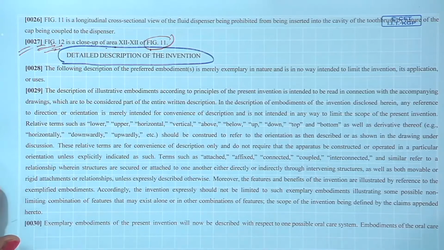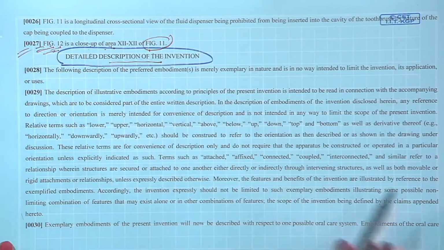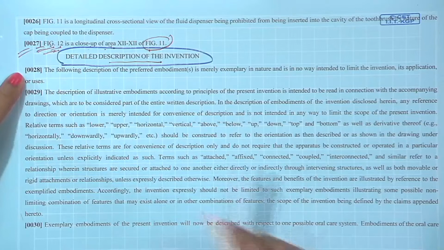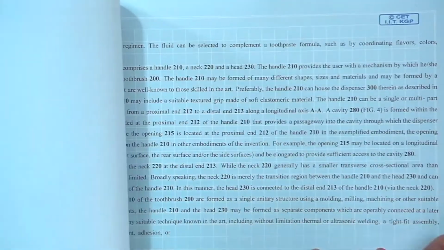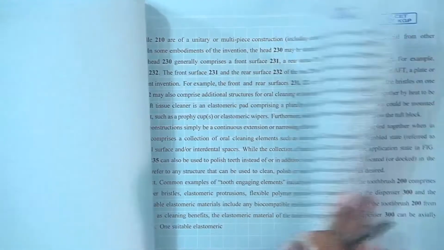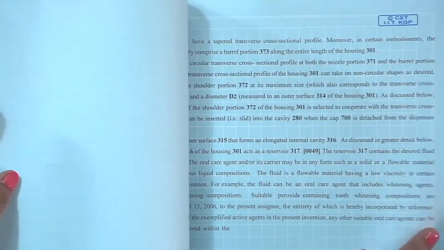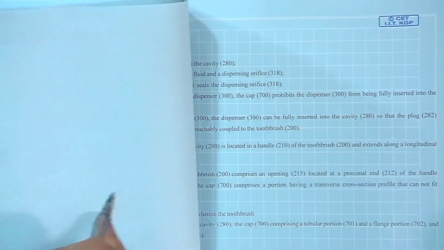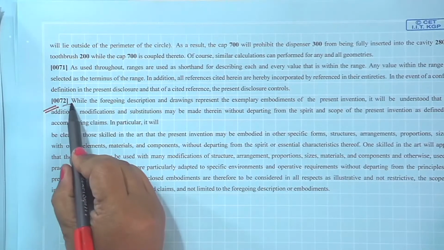So, check here, this is the detailed description of the invention, and you can see it is starting from the 28th paragraph, and then it continues, because many pages are explaining the detailed description of the invention, and it is ending here at paragraph 72.